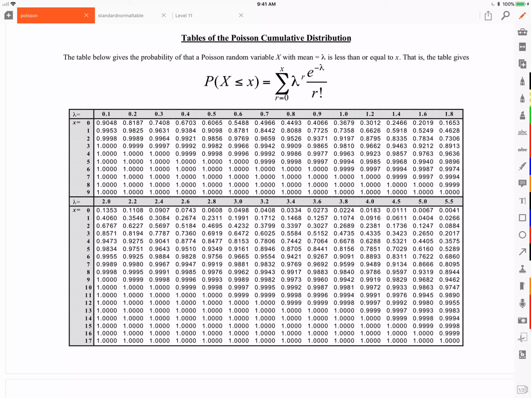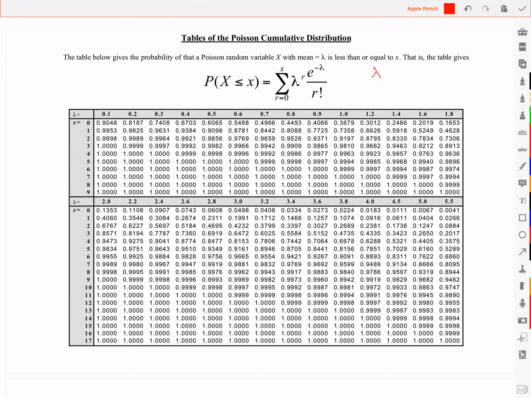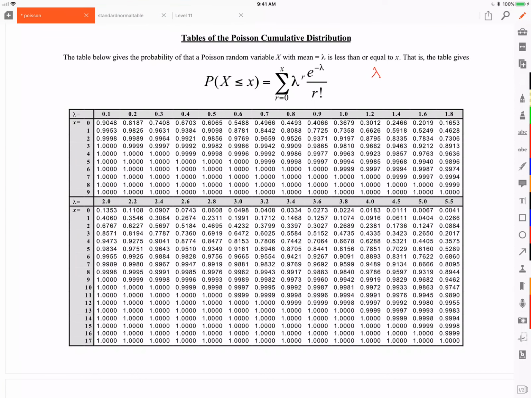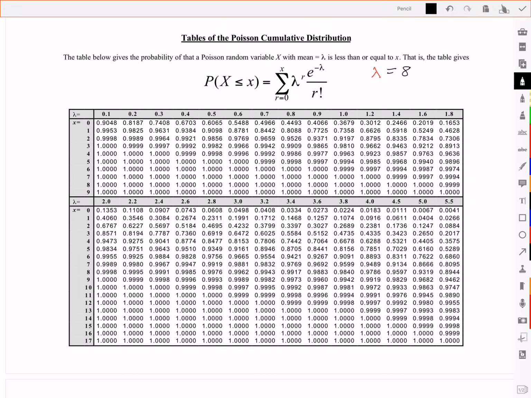Okay, so in our example, lambda, the average demand was 8, and our service level was 0.75. And we want to know the optimal stocking level. So essentially what we're doing is we're trying to solve for x on this table. So we need to find a lambda of 8.